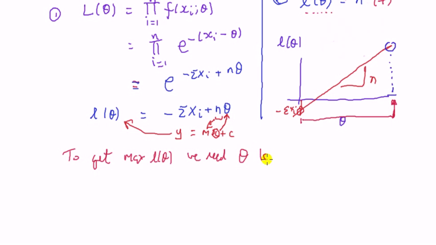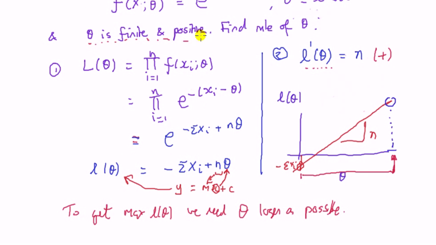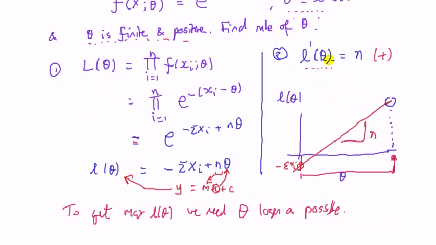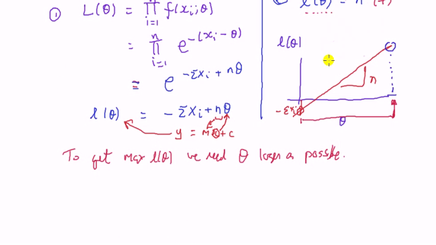But we can see from the question here that theta has got to be less than or equal to x. So it's got to be as large as possible, and at the same time, this is the restriction, that theta has to be less than or equal to all my x's. And I've got n of them in my sample.